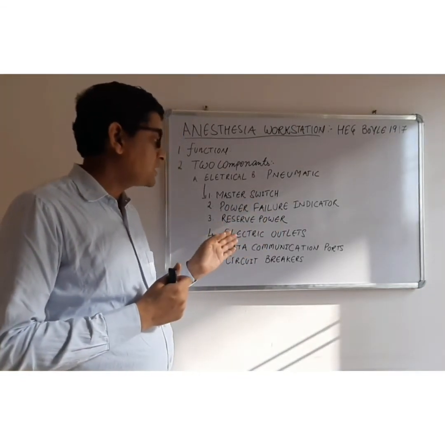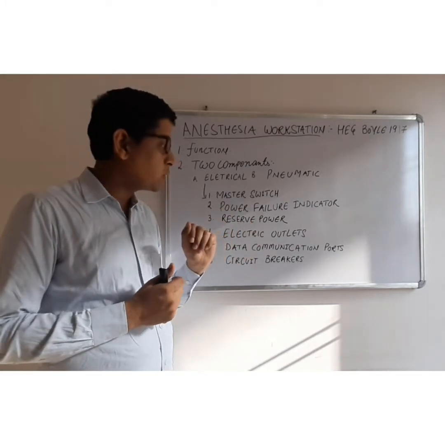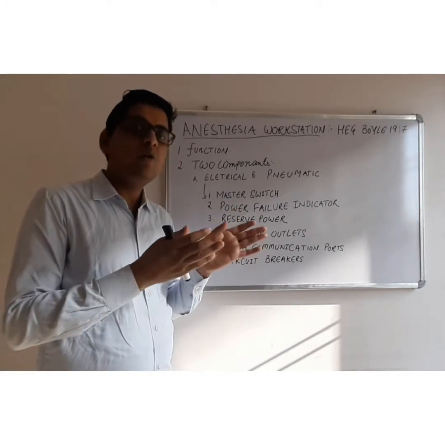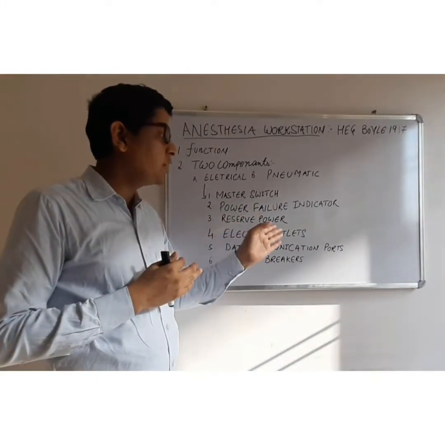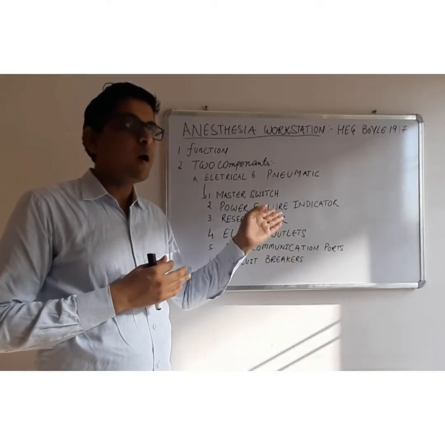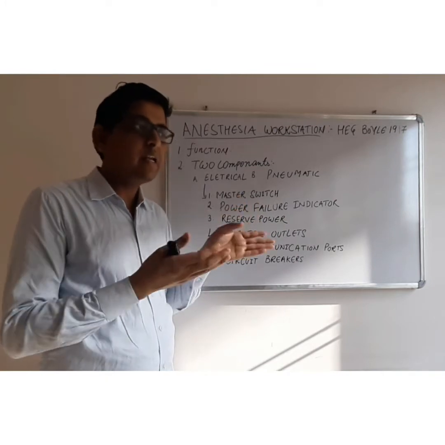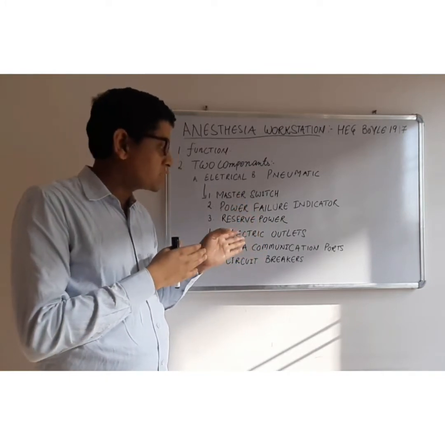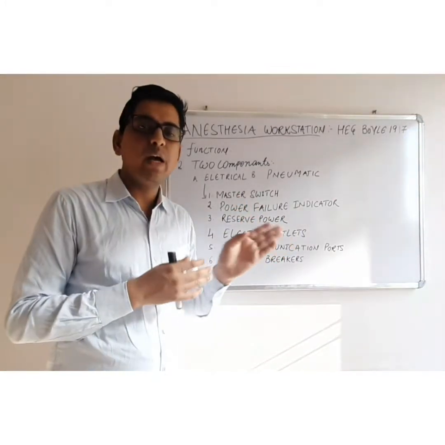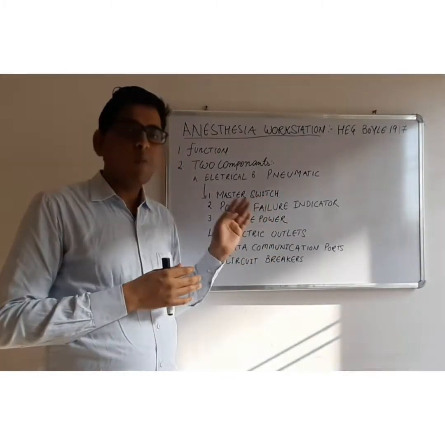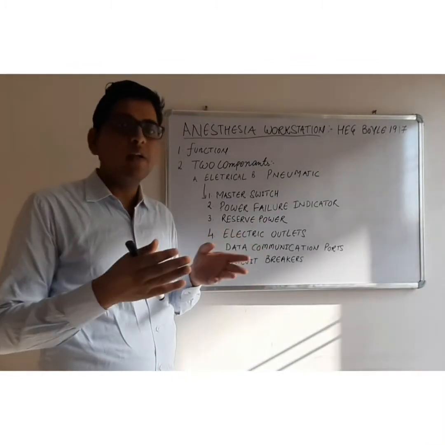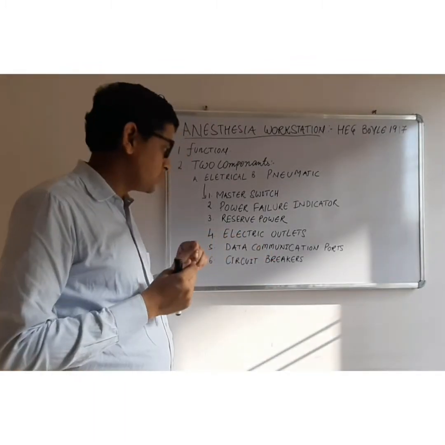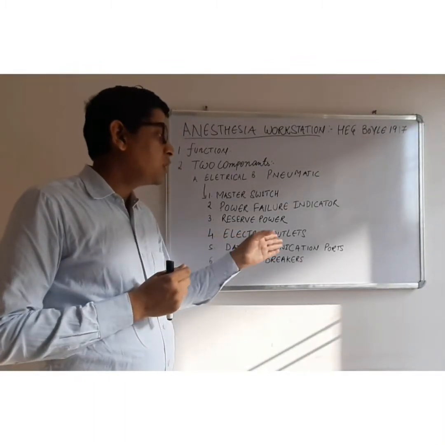Now the next part is electric outlets. These electric outlets are situated on the back side of the machine. These electrical outlets are used for powering up the monitors and anesthesia equipments. These electrical outlets should never be used for powering up the electrosurgical unit or any other OT equipments. Next is data communication ports.